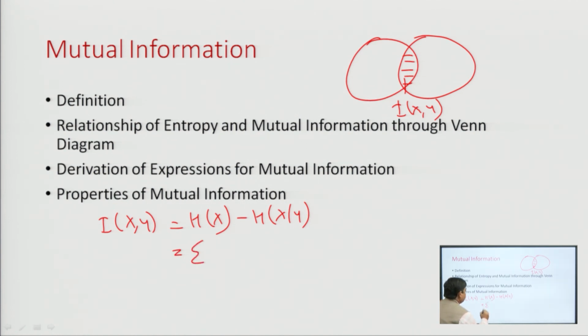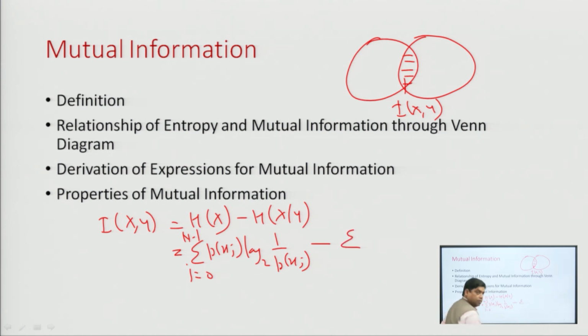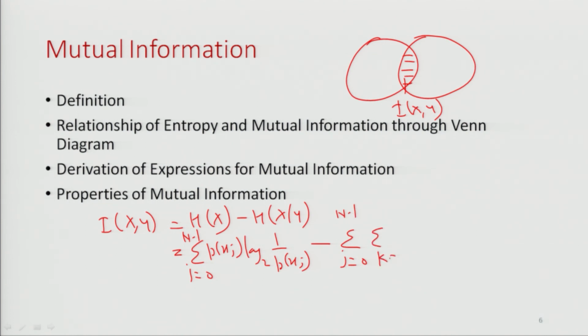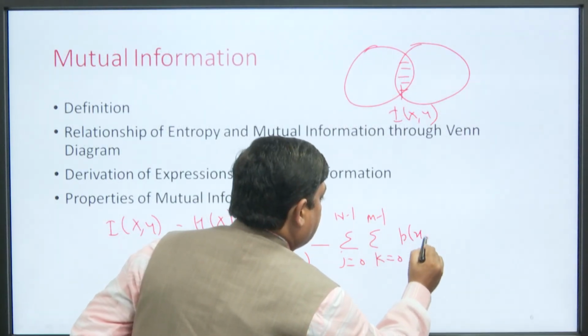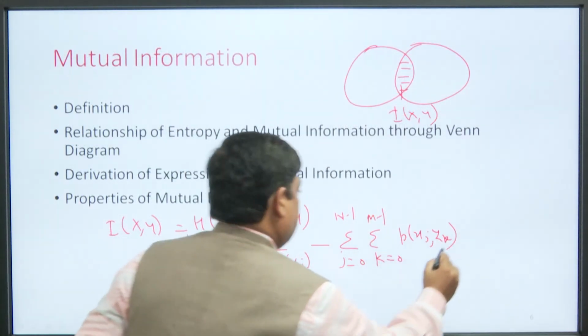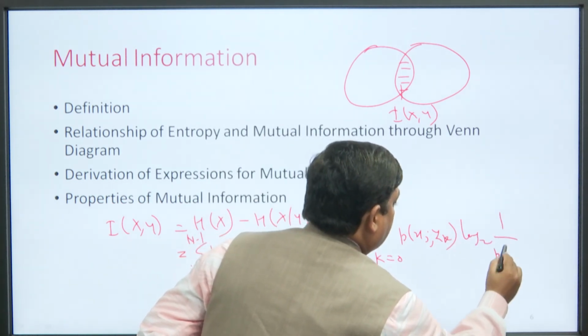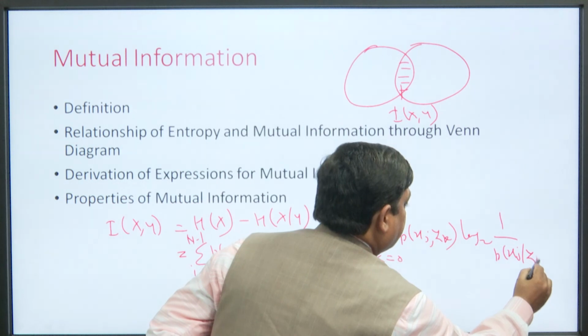Then H(x) can be given as summation over p(x_j), j from 0 to n minus 1, log of base 2 1 upon p(x_j), minus the equation for H(x upon y), j equal to 0 to n minus 1, k equal to 0 to m minus 1, p(x_j, y_k) into log of base 2 1 upon p(x_j upon y_k).